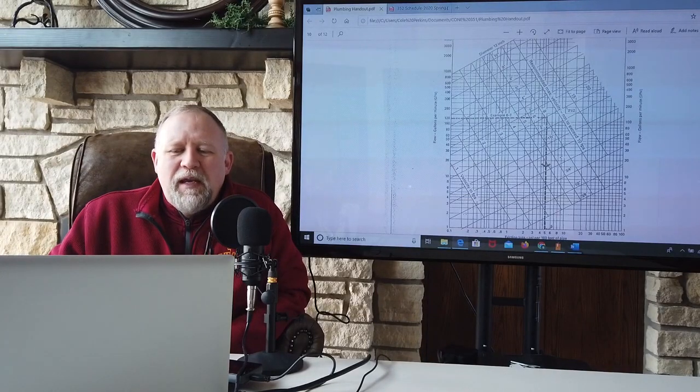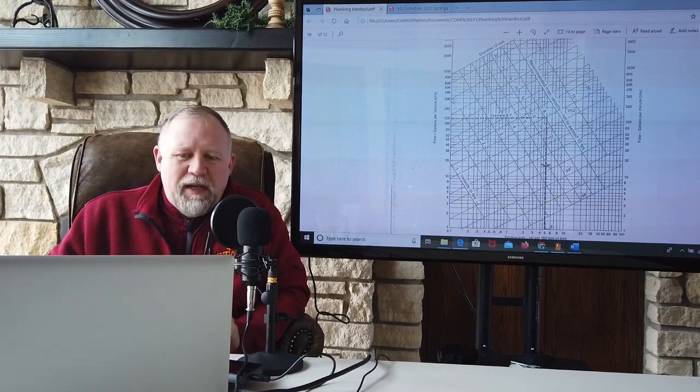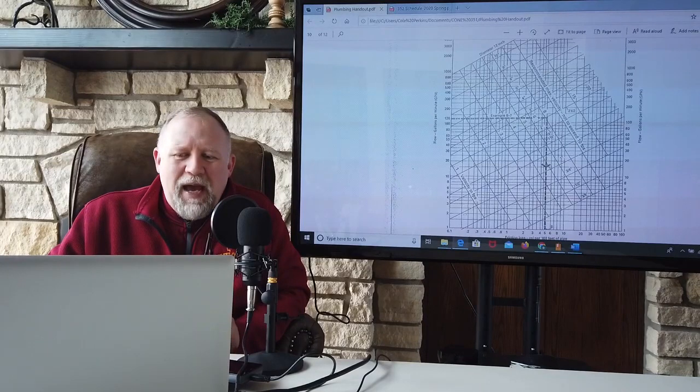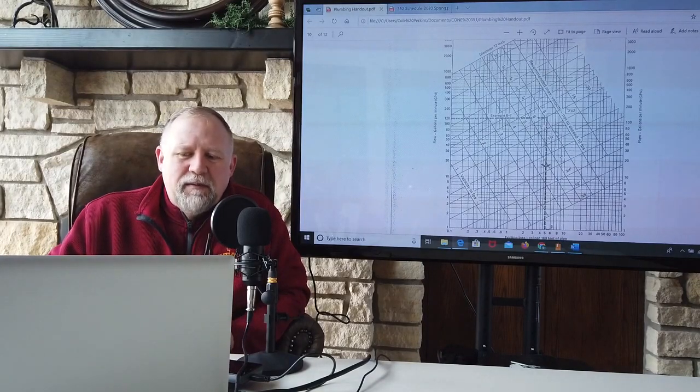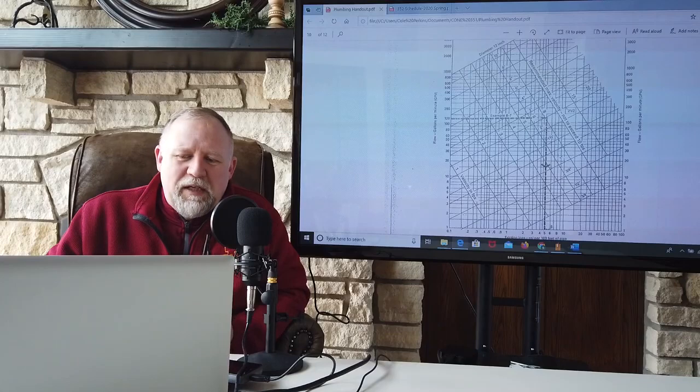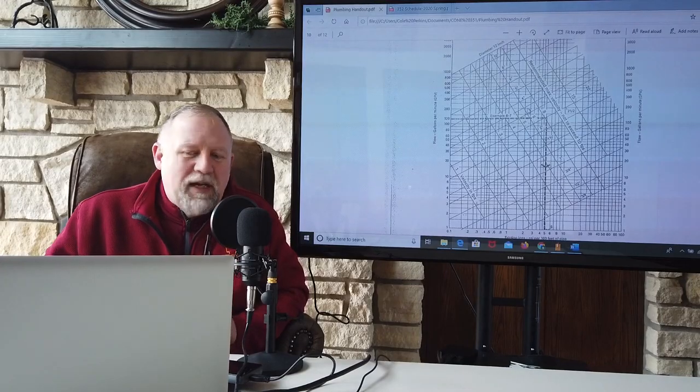So the proper way to use this table is to figure out your gallons per minute. Start here on the left side where it says flow rate. That's the part that we know, the gallons per minute, and then go across this table until you get to the maximum velocity line. Now, here's the thing. Very rarely is the maximum velocity line at that gallons per minute going to land right on a pipe size.